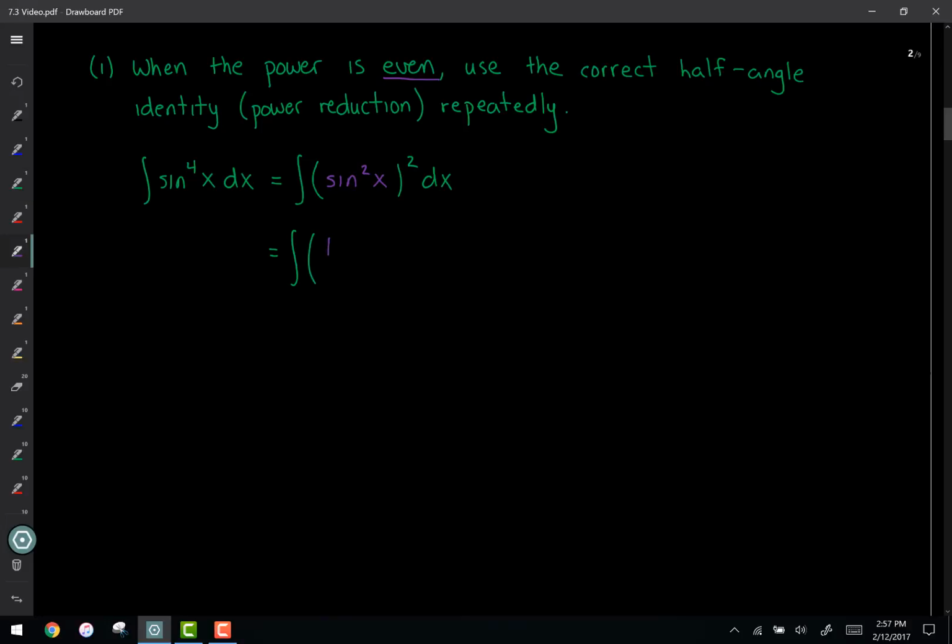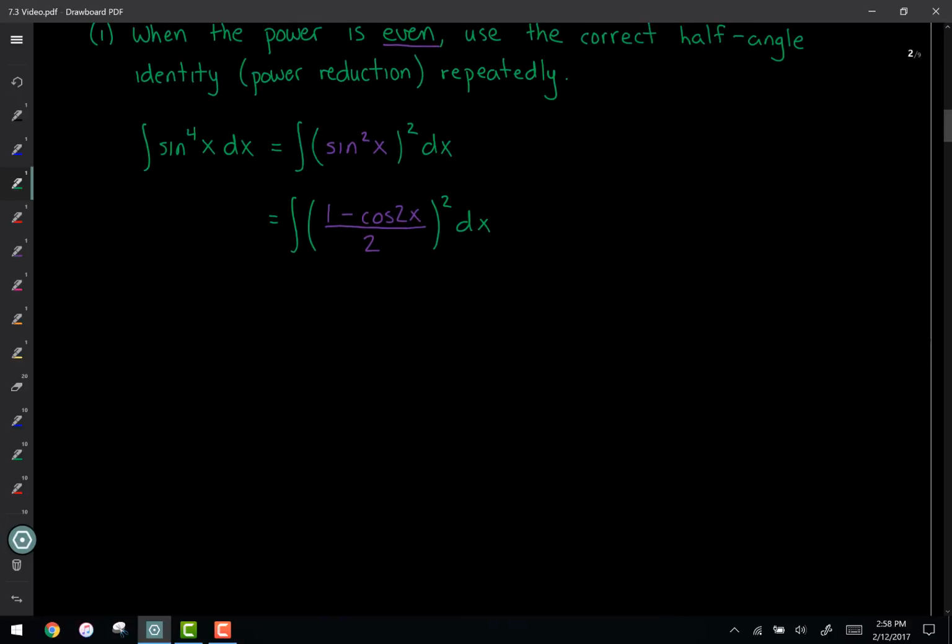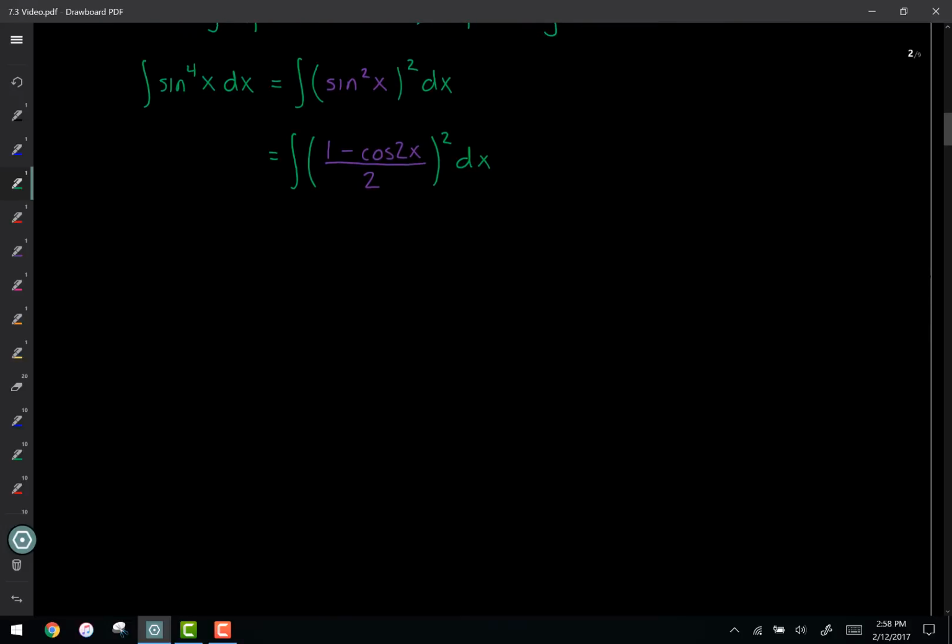So that's going to be 1 minus cosine 2x over 2, and that stuff is still squared. How do I raise fractions to powers? Well, the numerator just gets the power and the denominator just gets that power. So in the numerator, you're going to have to expand that out, use the FOIL method. And 2 squared is going to be 4, which we could just pull out front.